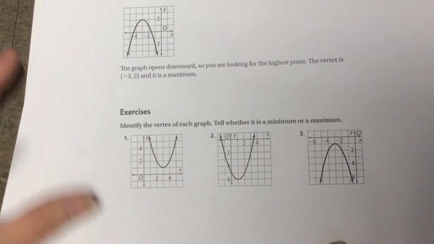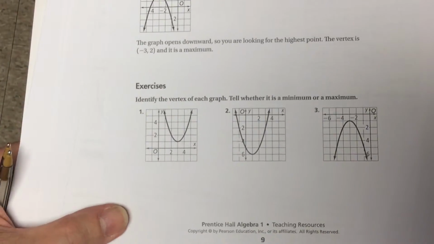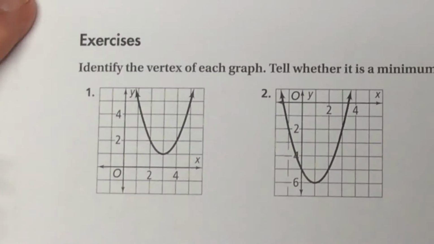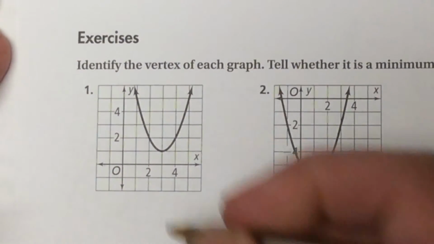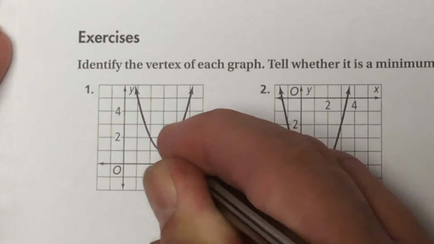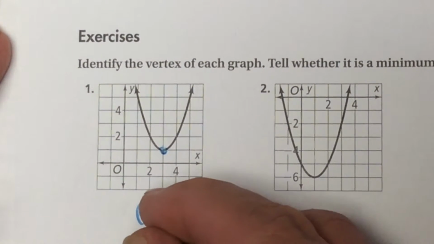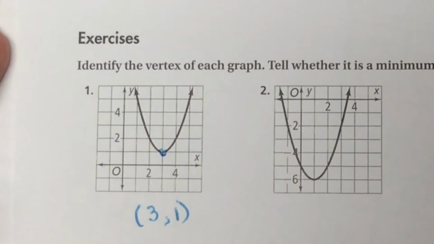In each of these problems, you're being asked to identify the vertex and tell whether it's a minimum or a maximum. So the vertex here is right here at this point where it changes direction, and that means the vertex is 3, 1.